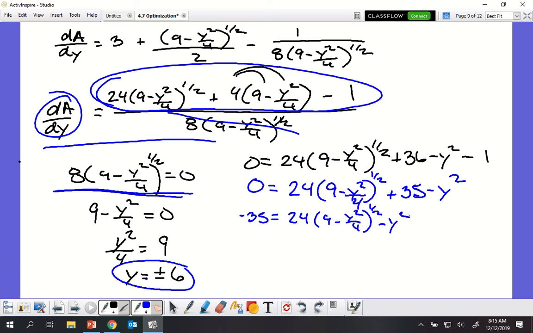Okay, so now let's take a look. This one's not going to work out very good, so I'm going to put the y on the other side also. You'll see why, because I'm trying to isolate the 1/2. I'm trying to get that piece by itself. If I'm able to get that 1/2, this piece by itself, I could square both sides.